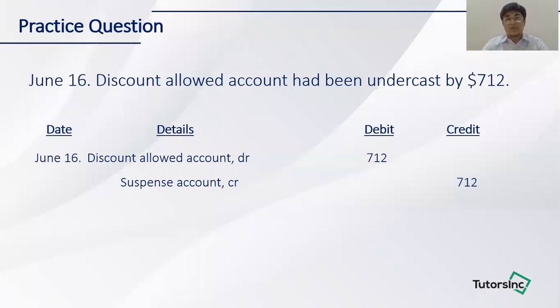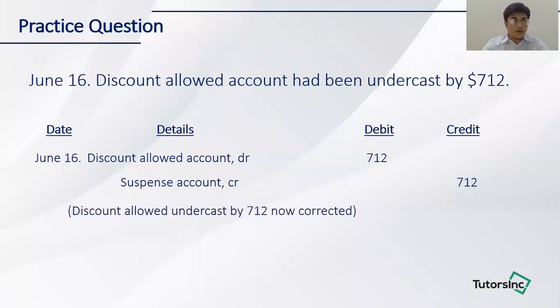And with this we can establish that this is an error that does have an impact on the agreement of the trial balance. The narration for this error is going to be: discount allowed undercast by $712, now corrected.